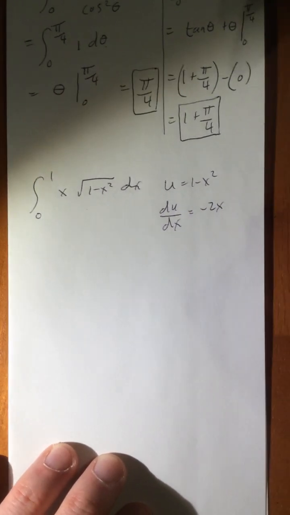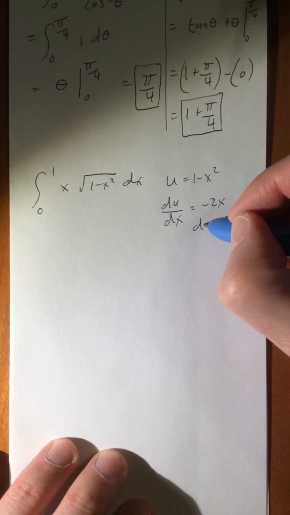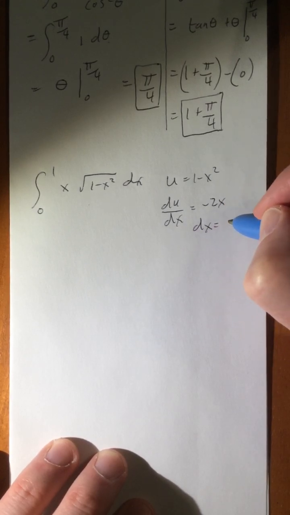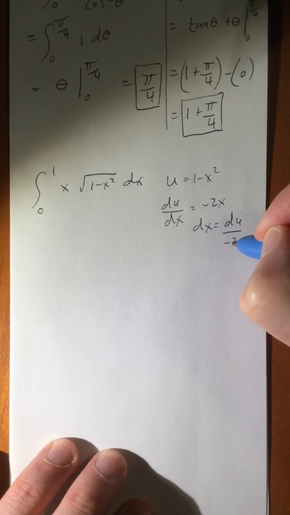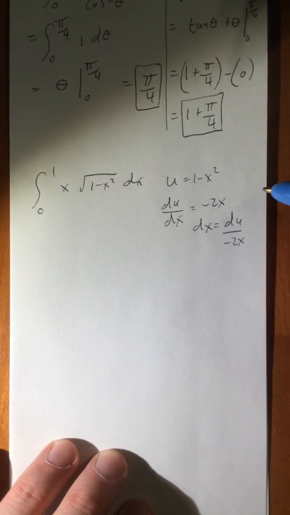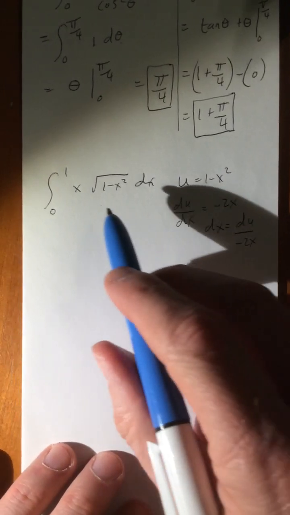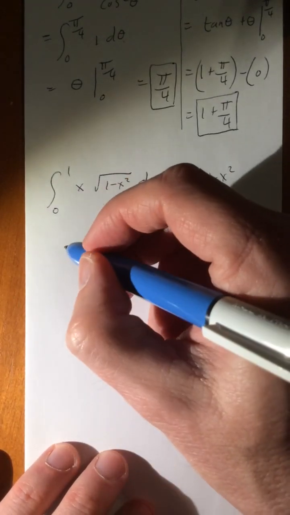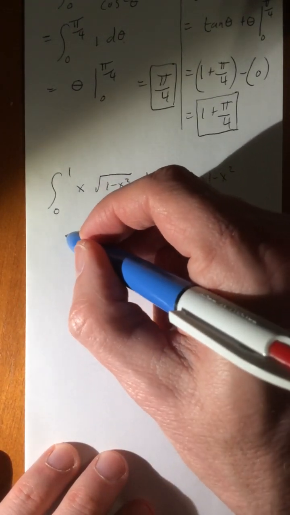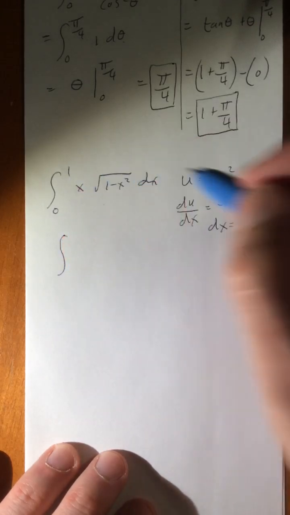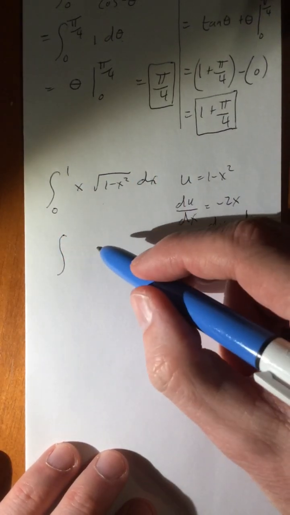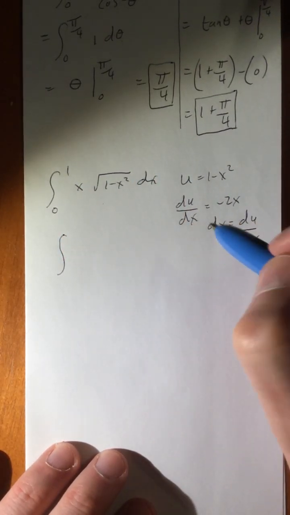And then flipping that around, we get dx equals du over negative 2x. Okay, so now we just plug the stuff in here, and we have the integral. We're going to take care of the limits of integration in just a minute. Actually, I want to explain that separately.